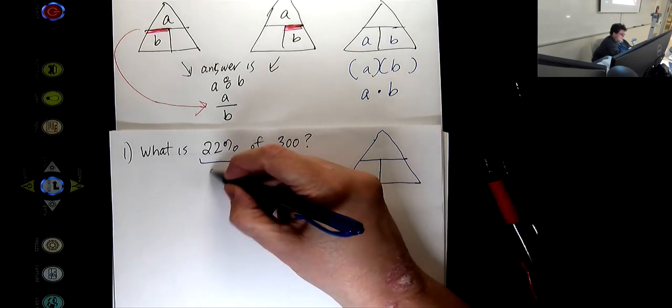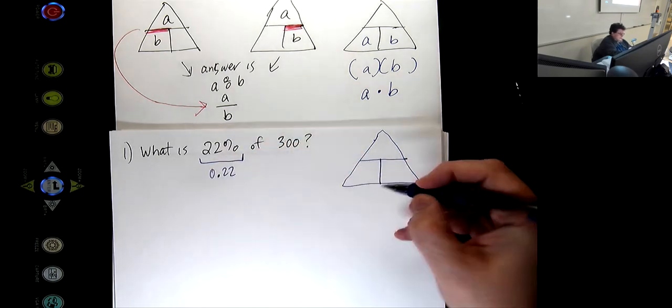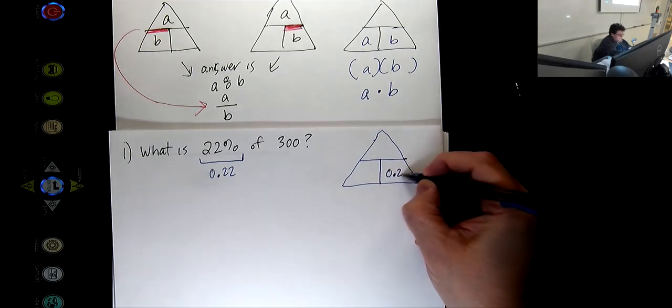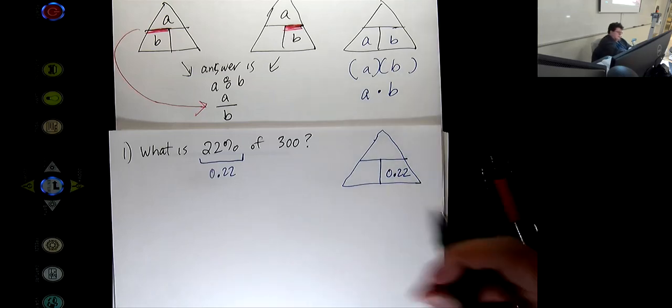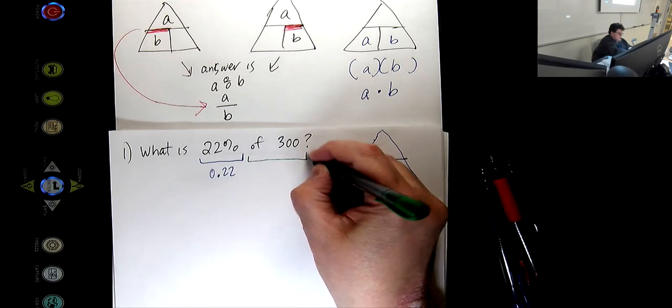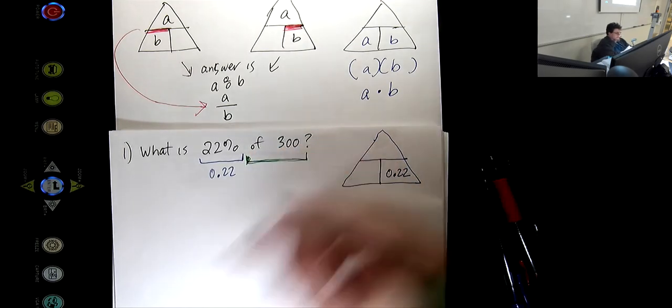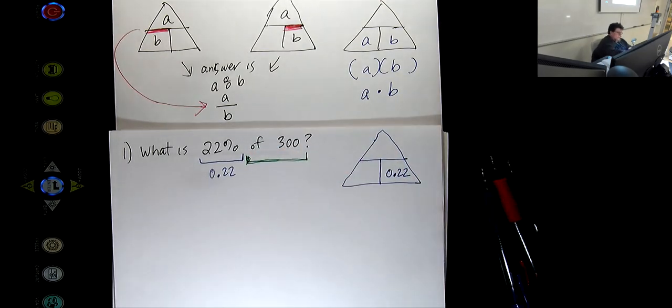This is the 0.22 in the percent thing. $300 has of next to it, so it's gonna go in the of box.